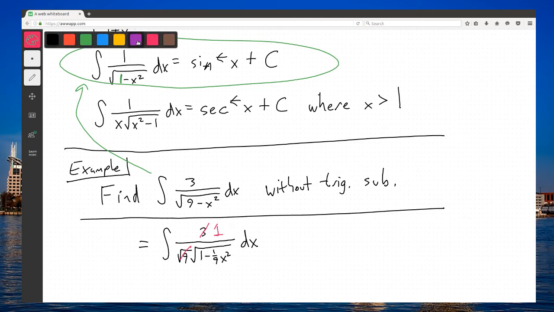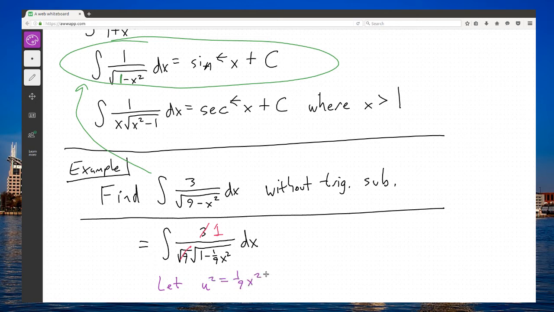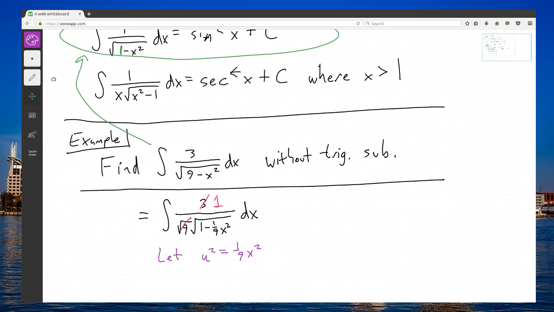What I would really like is to replace that with just a single variable, u squared. So that's what I'll do. I'll let u squared equal 1/9 x squared. Although what I'm really doing is letting u equal 1/3 x, the square root of both sides.